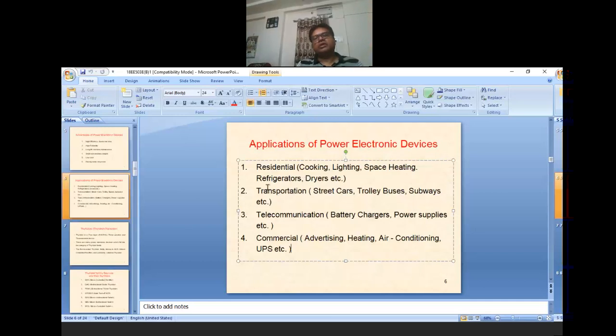Eventually the power electronics field entered into all applications, whether residential, transportation, telecommunication, commercial, space, research applications or artificial intelligence, wherever control is required to process electrical and electronic signals at whatever ratings we want.